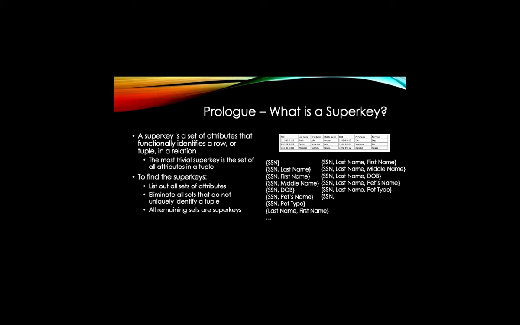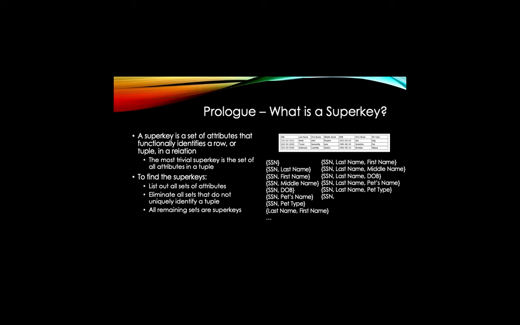But that's kind of useless. That's like saying for every person on the planet, what we're going to do is take their entire DNA and use that as our key to identify Rob or Tom or Jerry or whoever. It's impossible to use. I need to go pull up Rob's employment record. Okay, Rob, give me a DNA sample.